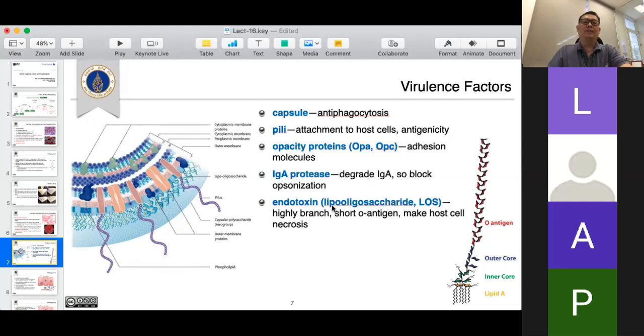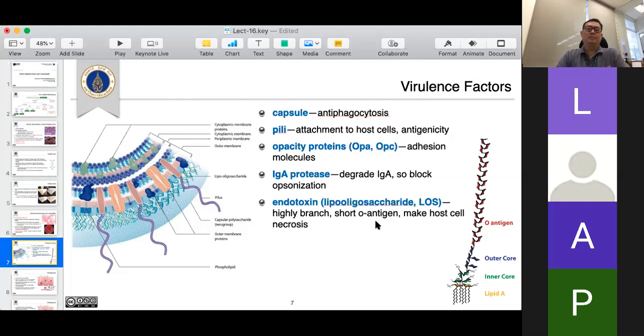And they also have endotoxin. Endotoxin, we refer to as LPS, lipopolysaccharide. But the endotoxin of Neisseria is very short in carbohydrate, so we name it lipo-oligosaccharide, not poly, LOS. They have a very short O antigen, okay?